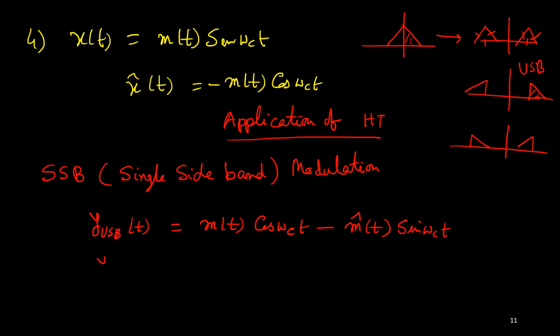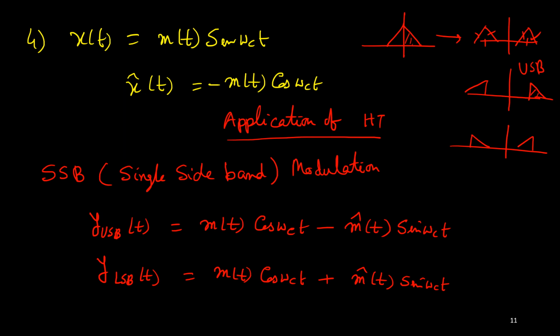And similarly, if I want to get the lower sideband, then this m(t) cos ωct, now you need to add this m hat(t) sin ωct. And I think it is not very difficult to understand how we'll get the upper side and lower side.